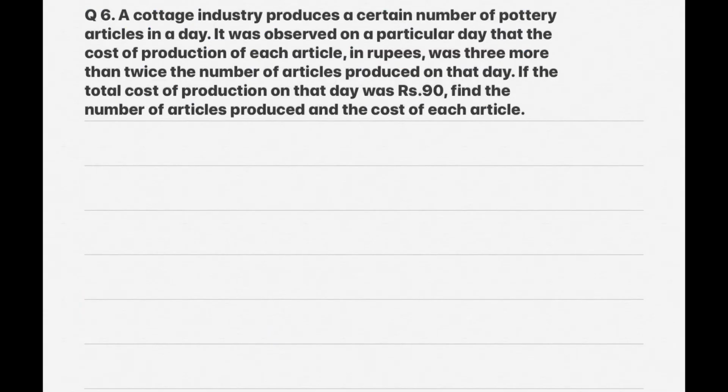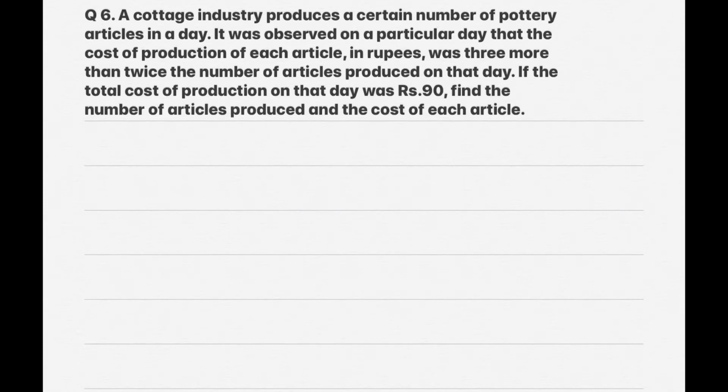Okay, so let's move to the next question, the sixth question of this exercise, and that's the last question of exercise 4.2. It says a cottage industry produces a certain number of pottery articles in a day.